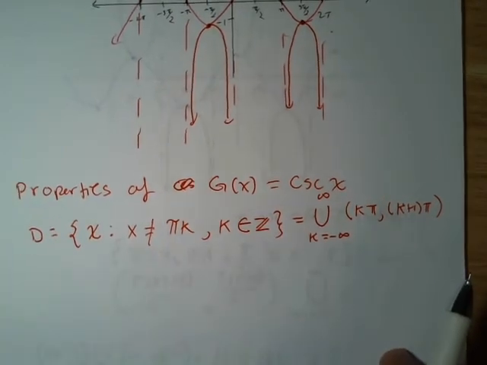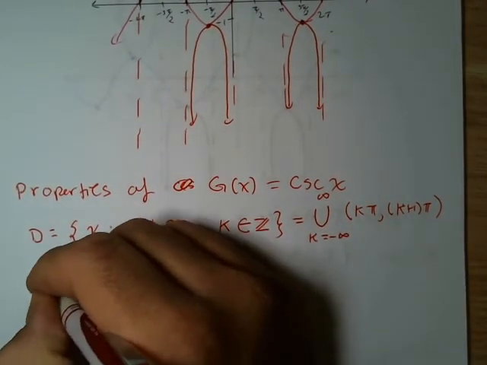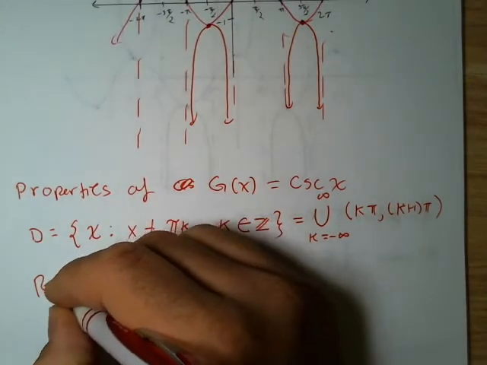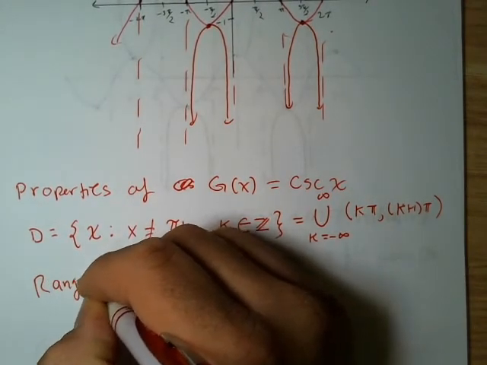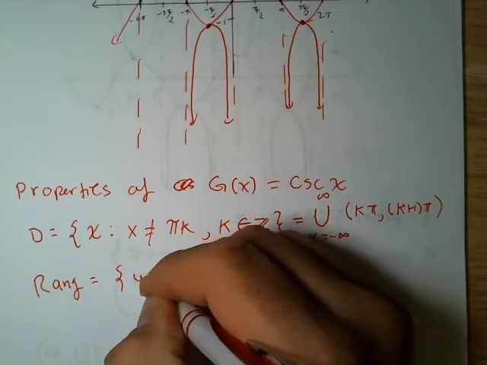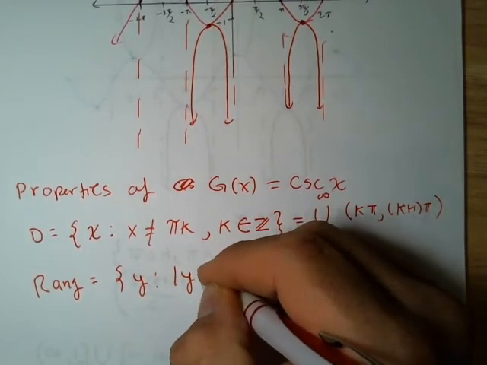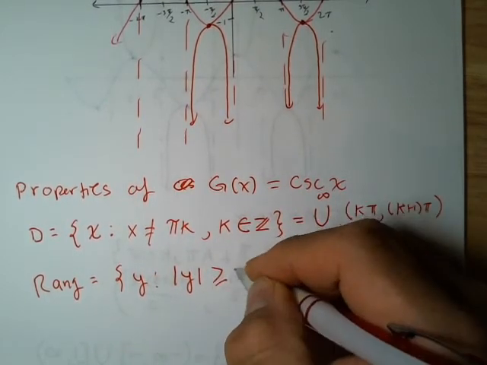The range is a bit easier to represent, similar to the secant. The range is y such that the absolute value of y is greater than or equal to 1.